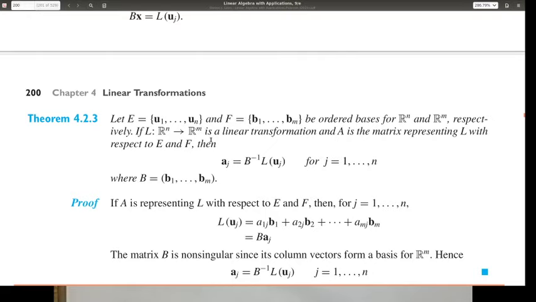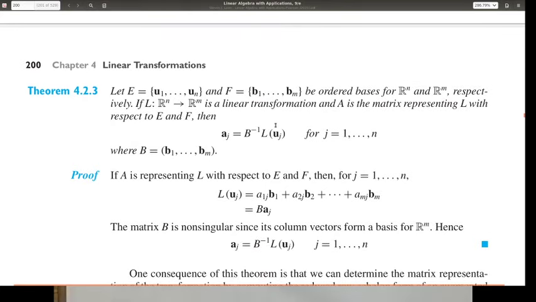So if this is a linear transformation, you can again construct A, and this time these are no longer standard bases, these are bases E and F, and this transformation is given by a matrix whose columns are given by this.